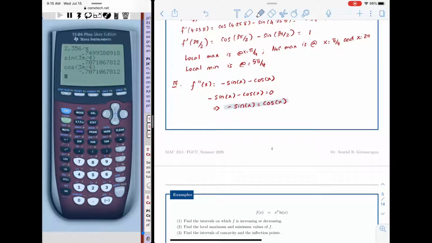So what we have is x is equal to 3 pi over 4 is a solution.